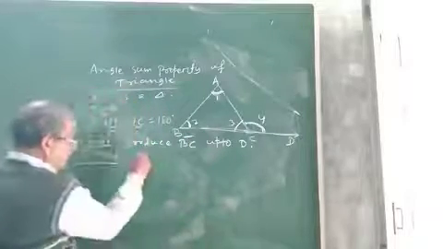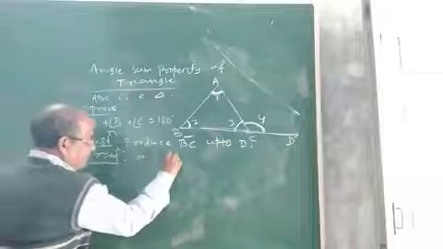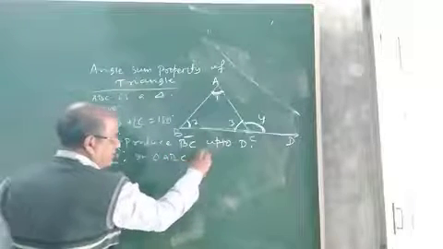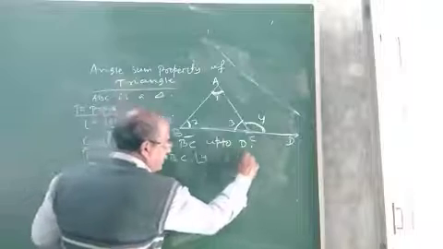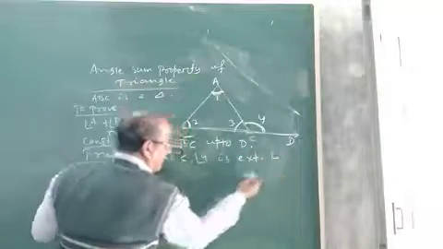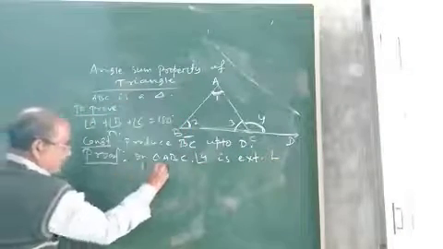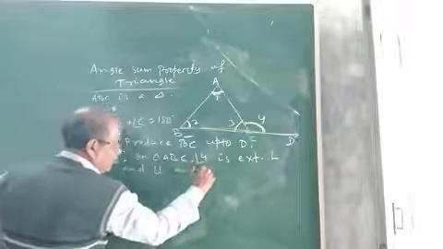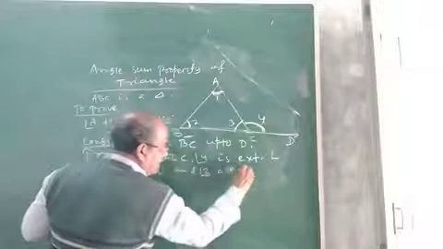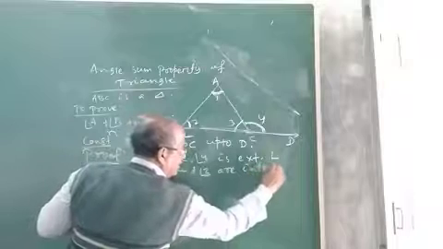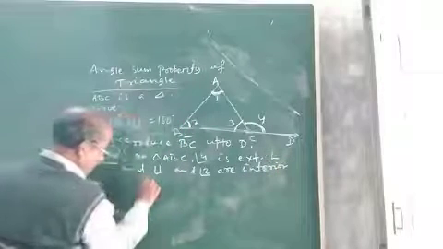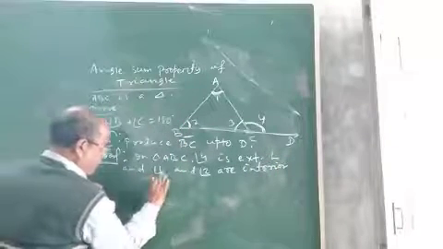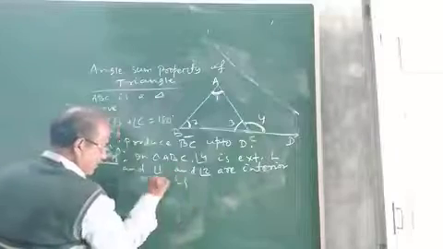So in triangle ABC, angle 4 is exterior angle, and angle 1 and 2 are what angles? Interior opposite angles.